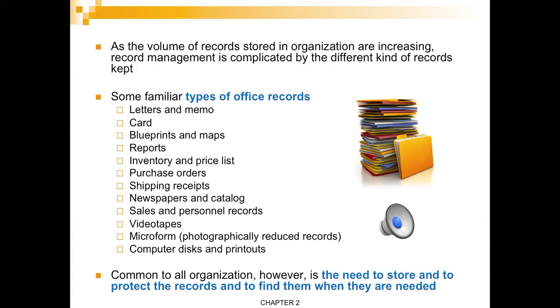In ensuring all of these records are maintained appropriately, most organizations require ample space to store and maintain the records within the organization. In case these records are needed, they are able to locate them accordingly.